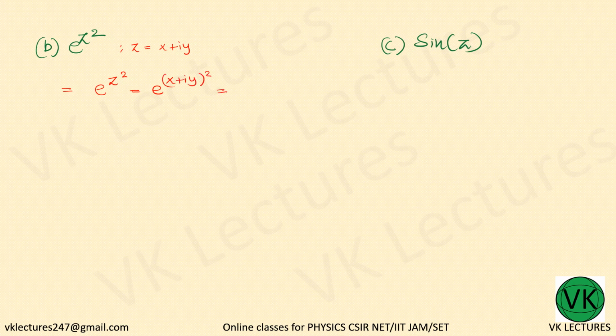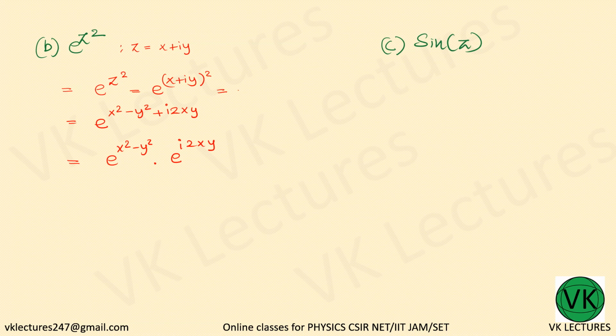So that's equal to e to the power x square minus y square plus 2x i y. This we can do as e to the power x square minus y square into e to the power i 2xy.